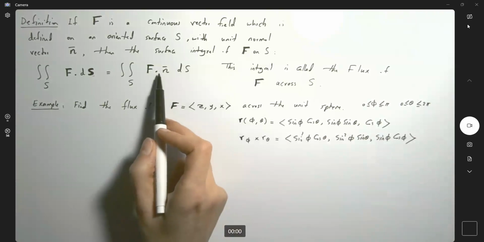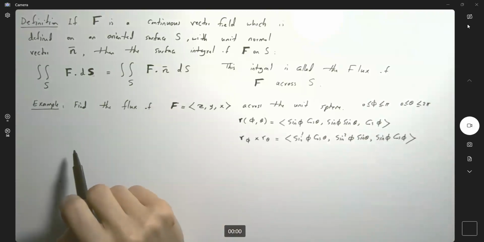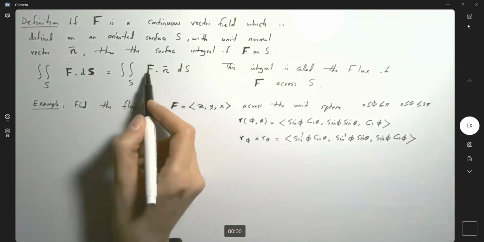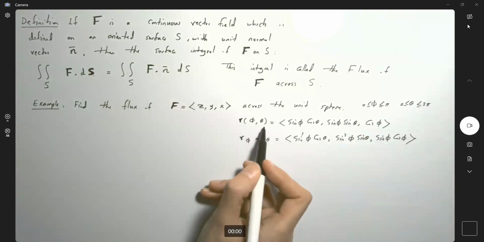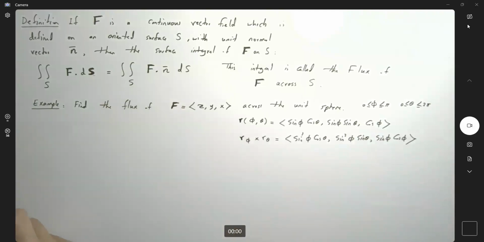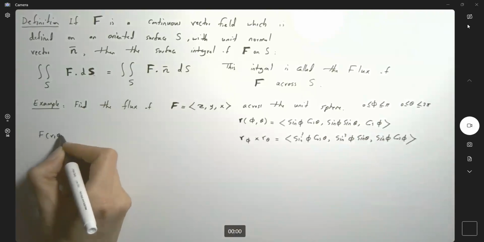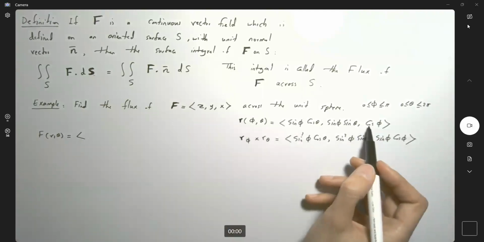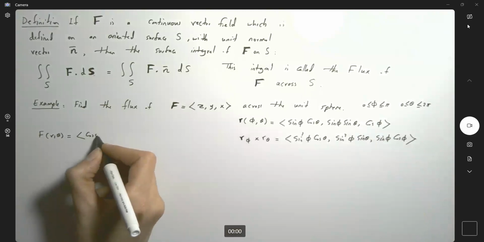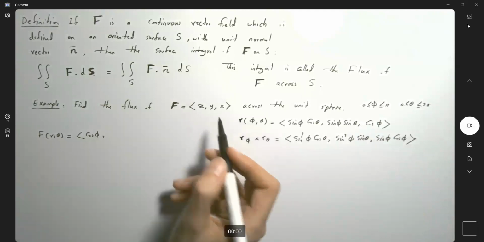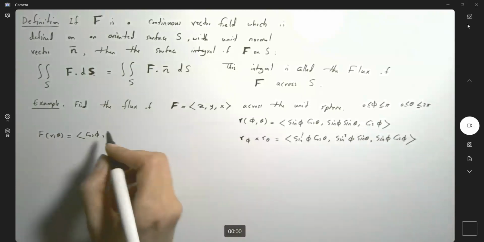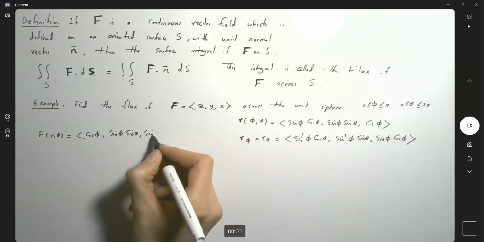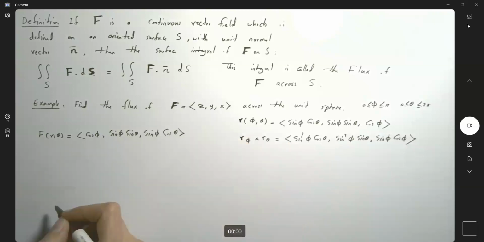Now we want to know what F dot N is. To do that, I need to write F in terms of phi and theta and do the dot product. F of phi and theta can be written as: your z, which is cosine phi, then your y, which is sine phi sine theta, and your x, which is sine phi cosine theta.